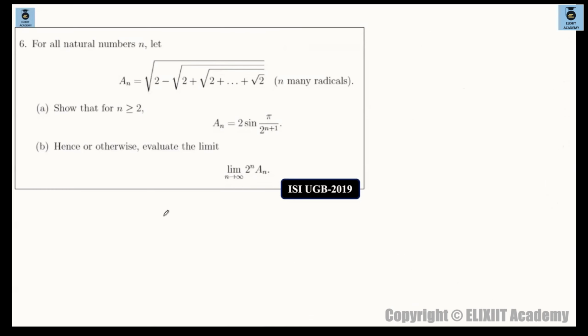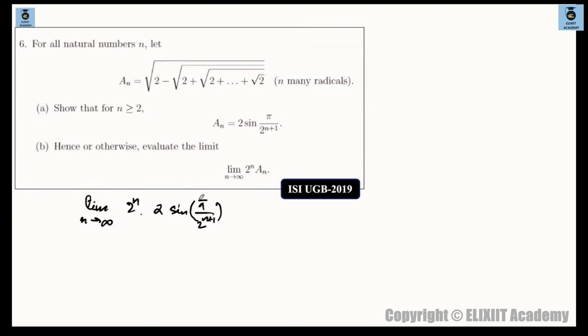Next we have to calculate this limit n tends to infinity of 2 to the power of n times of an, that is 2 times of sine of pi upon 2 raised to the power of n plus 1. One thing we can clearly see from here, as n tends to infinity, pi by 2 raised to the power of n plus 1 will tend to 0.